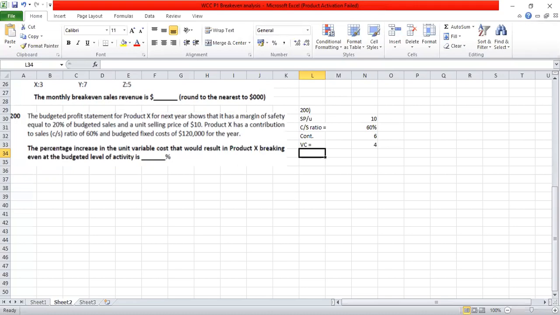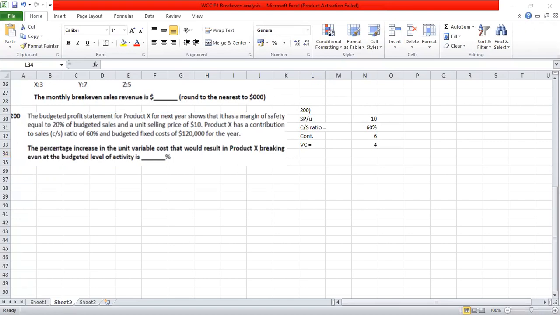Now break even should be equal to the budgeted sales. So at the budgeted sales level, at the break even sales level, what is the logic we have learned? That the contribution and the fixed cost would be same. The budgeted fixed cost is 120,000.